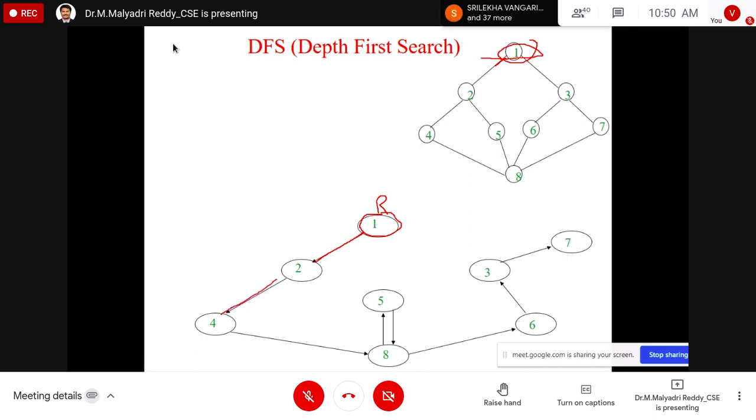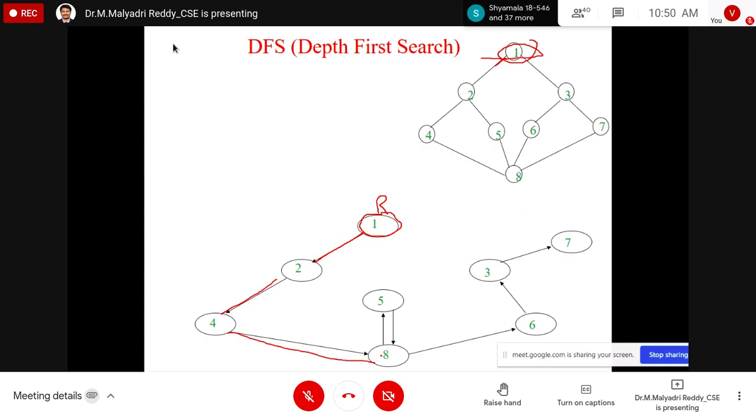For 4, there is no left child, only a right child, so we move directly to 8, because no other node is there.